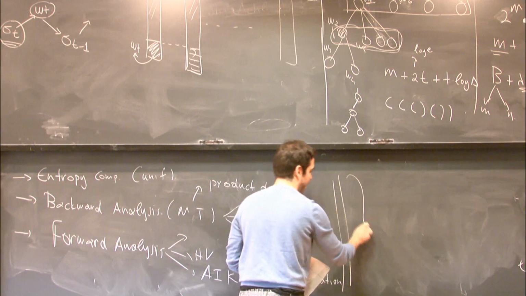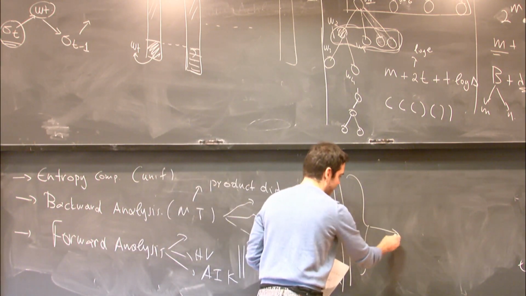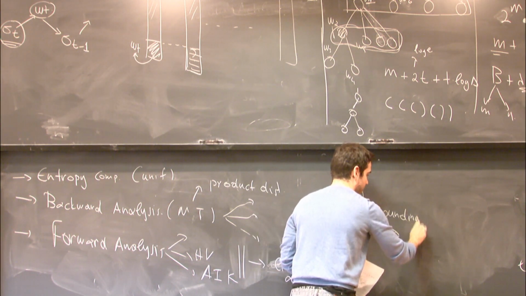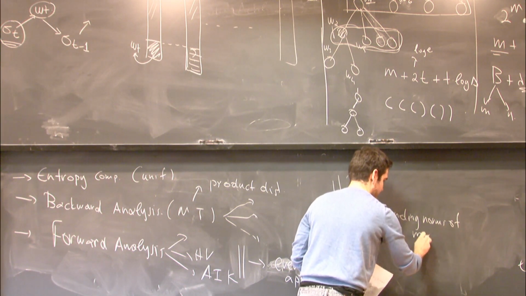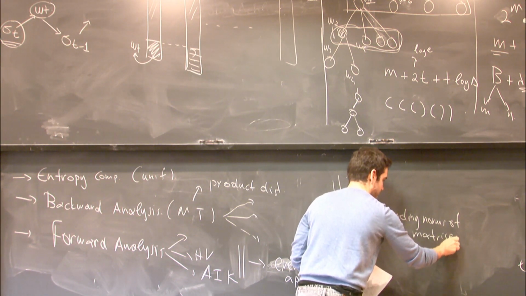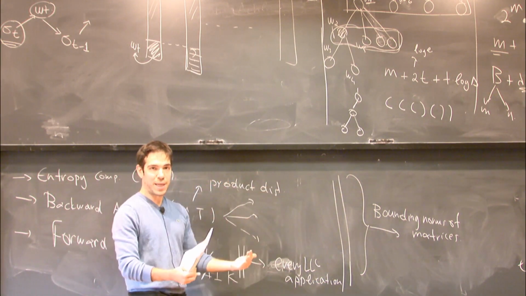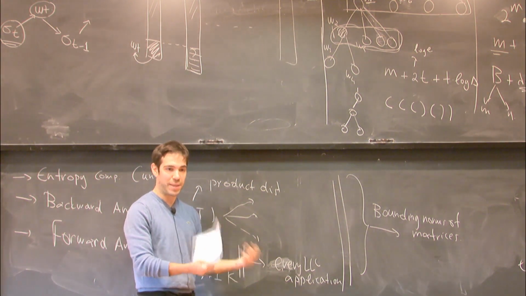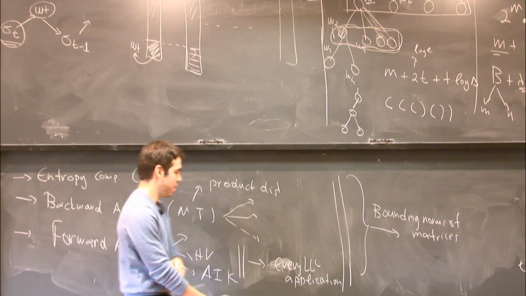And now, all these things, there is a way to see them as bounding norms of matrices. And not only can you capture everything, but you can also get more out of it, more refined conditions, and better analysis of local search algorithms. So this is what I'll try to show you.